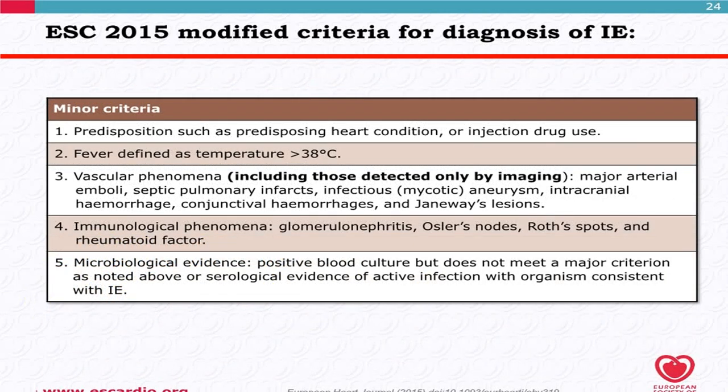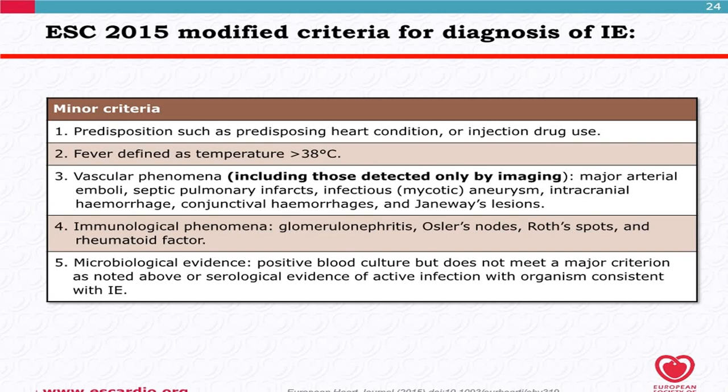Among minor criteria, there is predisposition such as a predisposing heart condition or injection drug use, fever more than 38 degrees, and vascular phenomena, which include those detected only by imaging like arterial emboli, septic pulmonary infarcts, mycotic aneurysms, intracranial hemorrhage, conjunctival hemorrhage, and Janeway's nodes.